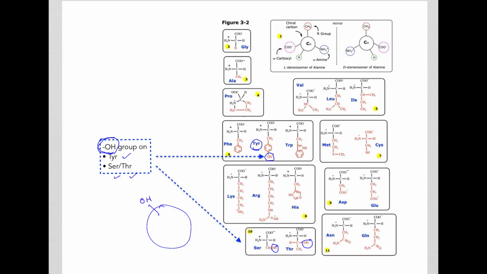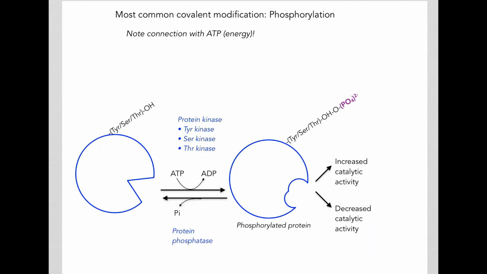the hydroxyl group. So when we phosphorylate, when we add phosphates to the protein, that's done by enzymes called protein kinases, so you can see phosphates added.